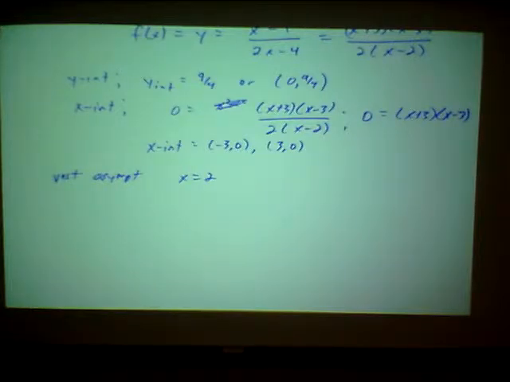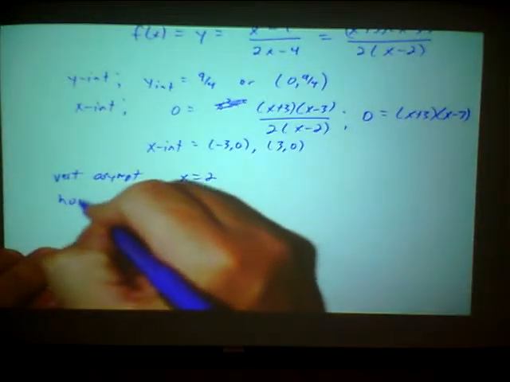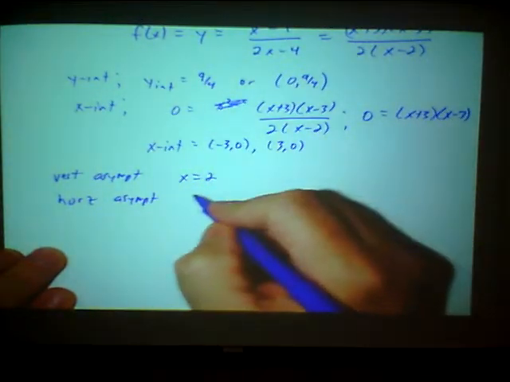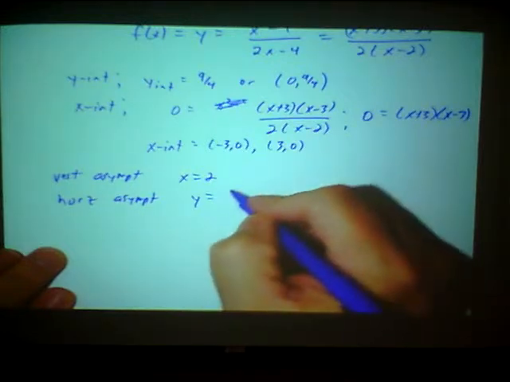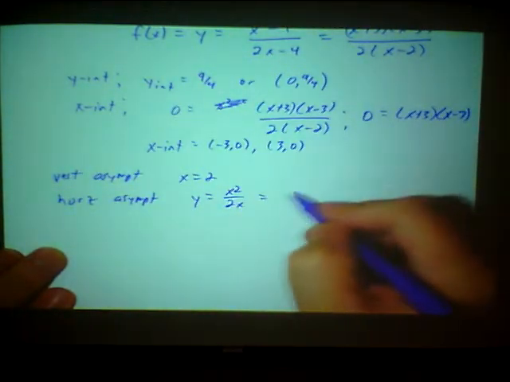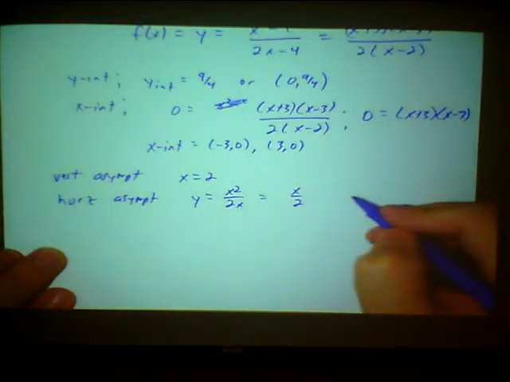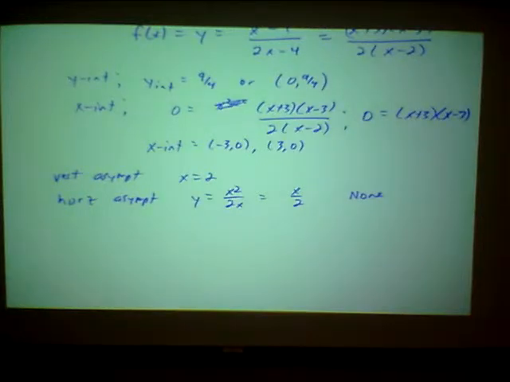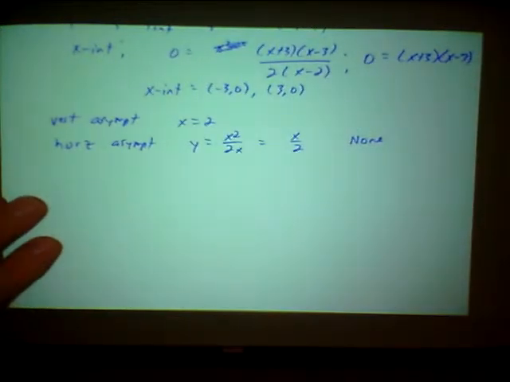Now the horizontal asymptote: when I compare leading terms, I'll have x squared over 2x, which reduces down to x over 2, which means there is no horizontal asymptote. However, since the numerator is just 1 greater than the denominator, I'm going to have an oblique asymptote. So here's how we calculate the oblique asymptote.